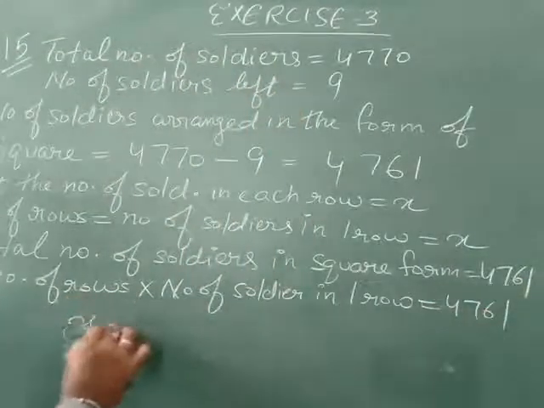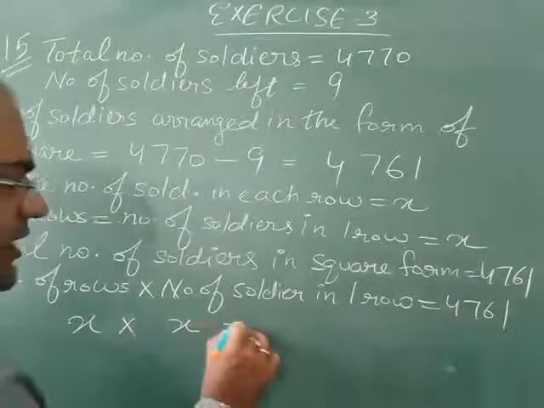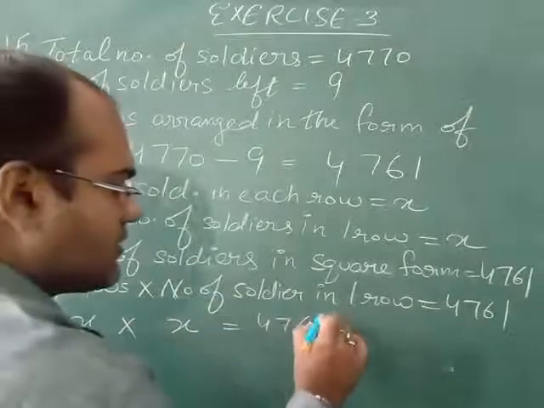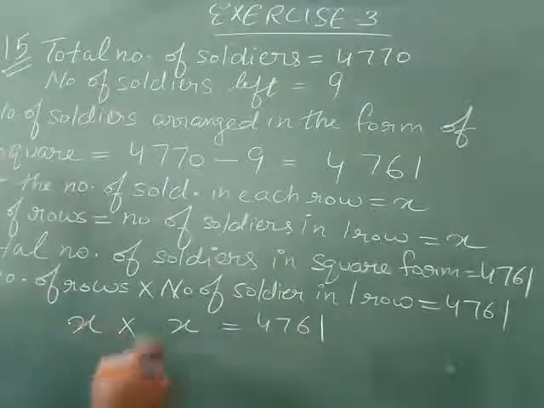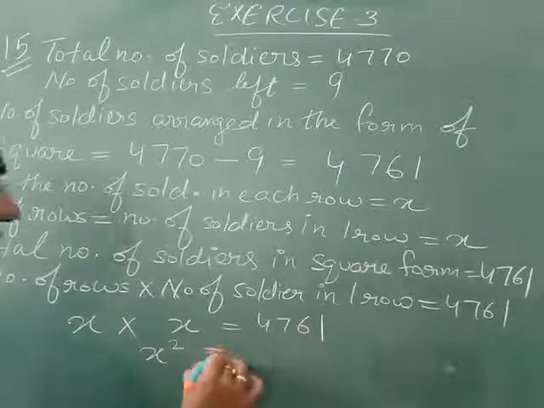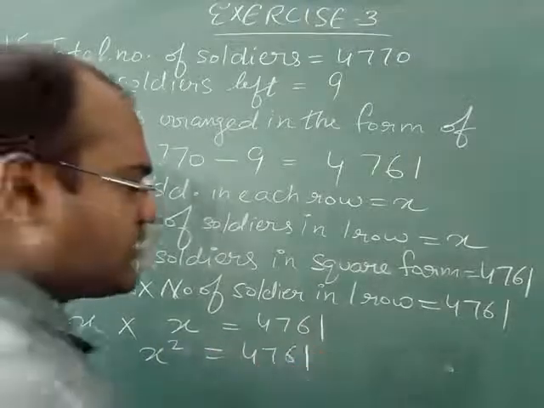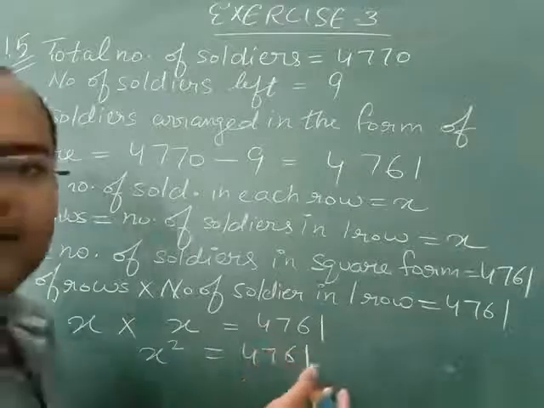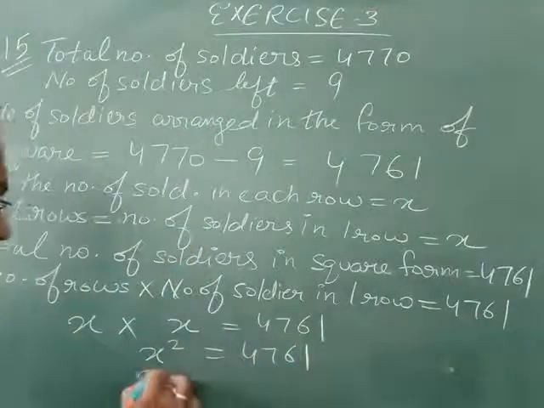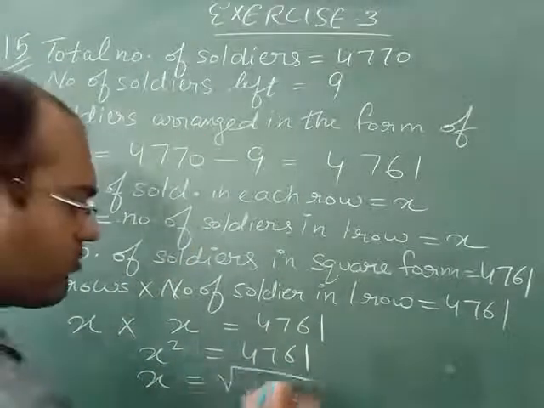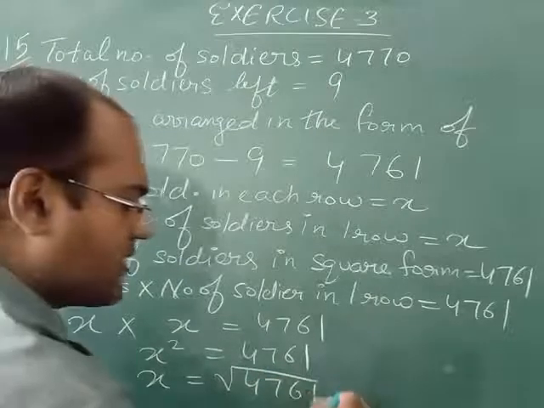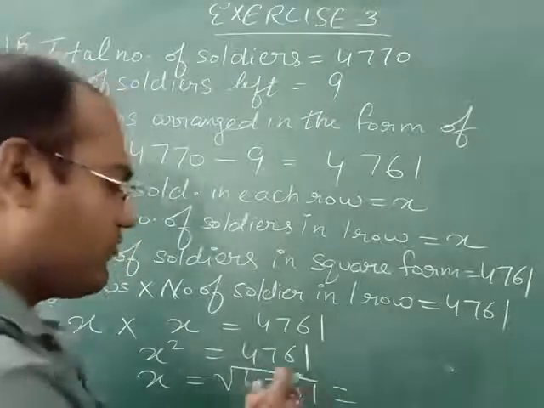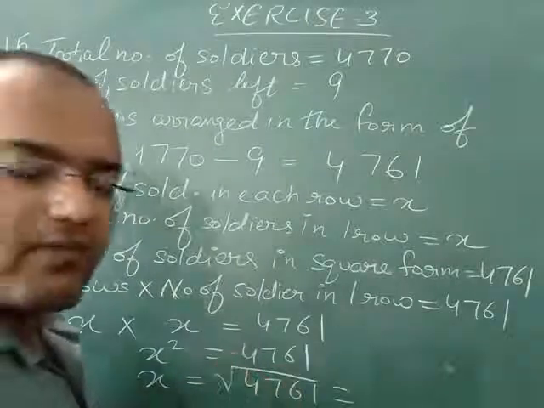Number of rows is x, number of soldiers is x, so x into x is equal to 4,761. Now x into x, you will get x square is equal to 4,761. Now what you will do, स्क्वायर हटाकर स्क्वायर रूट ले लेंगे. So x is equal to square root of 4761. After that you have to find the square root of 4761.